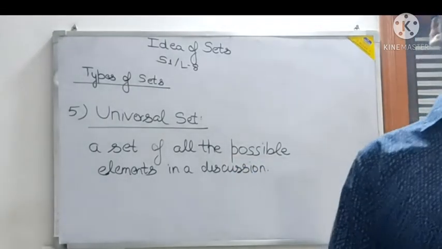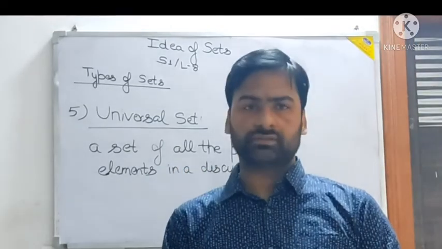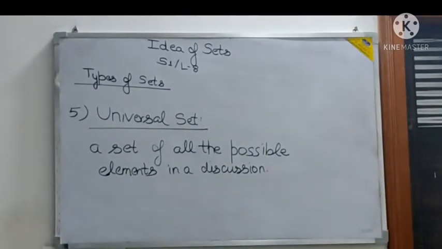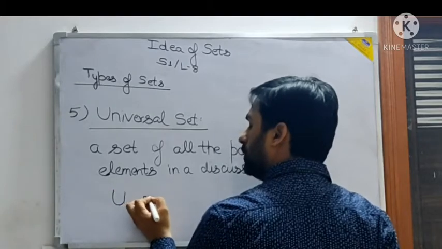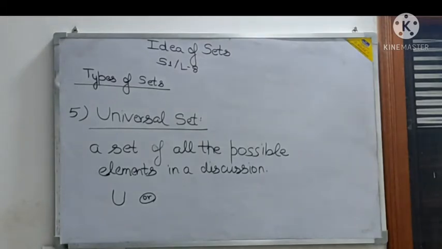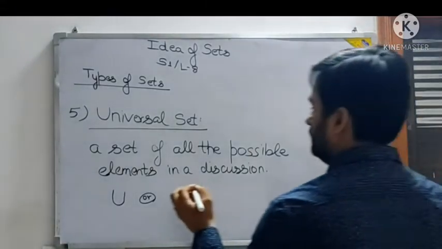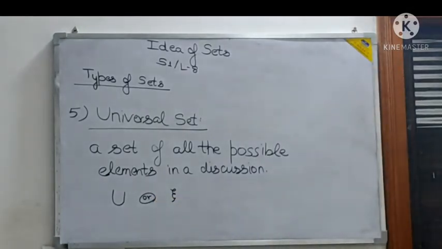That means when you're talking about some set, a set that contains all the possible numbers is called a universal set. And how are we denoting it? It is denoted by U, or one more symbol is there. Okay, this is a symbol for that universal set.